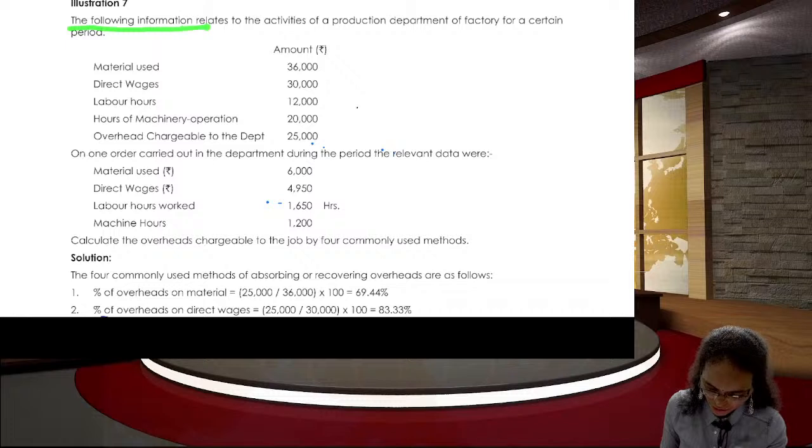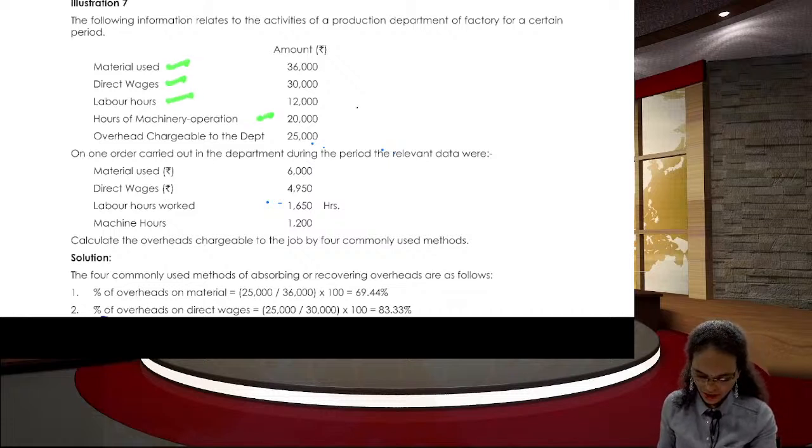The following information relates to the activities of a production department of a factory for a certain period. Here the material, wages, labor hours, machine hours and overhead charged to the department are given. This is the information given in the question.